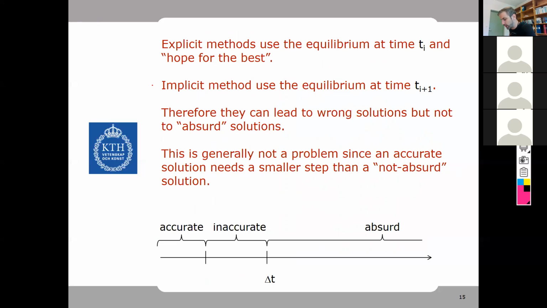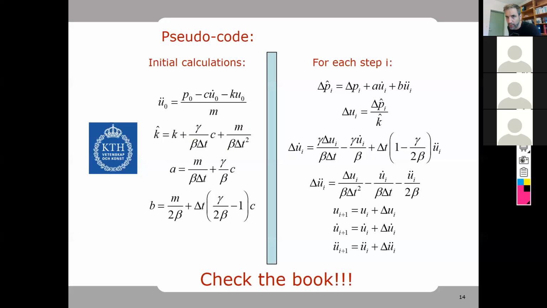You need to understand the difference between implicit and explicit, and you need to understand when your method will give an accurate answer compared to an inaccurate answer. So this is theoretical knowledge that is important to have, and that would normally come in the exam also. Of course, you're not going to be asked to program anything in the exam, but you will in the exercise. So this is also things that it's good to have an understanding of.